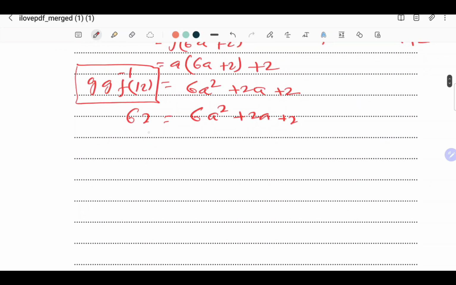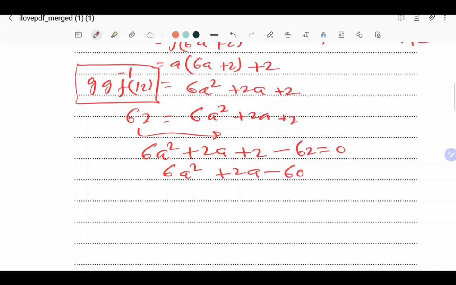Now shift 62 to the right side. So you get 6a squared plus 2a plus 2, and we take 62 to the other side, equals 0. So 6a squared plus 2a minus 60 equals 0. Now we can use the calculator again for that.